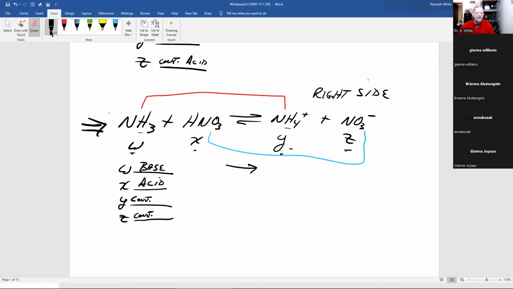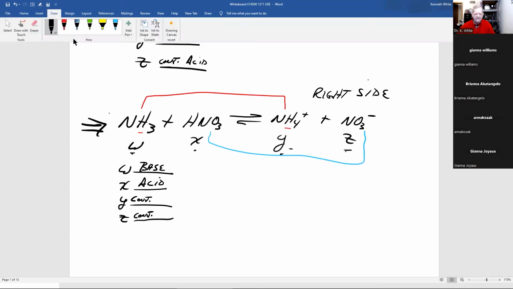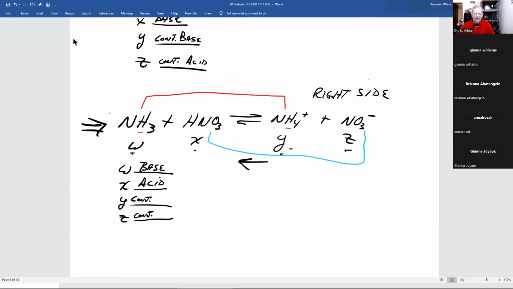Now, let's look at the reverse reaction. When Y goes to its conjugate W, it has 4 hydrogens and a plus charge, goes to 3 hydrogens, no plus charge. So did it gain a proton?